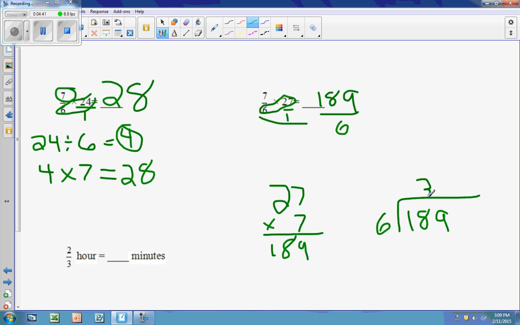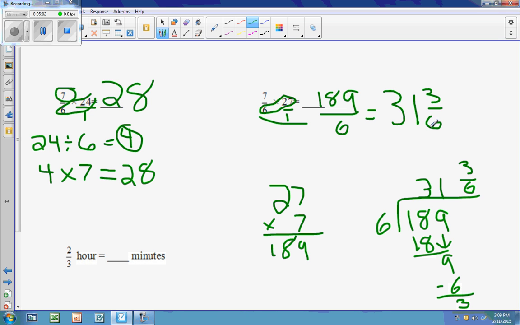And this goes in 3 times. And there's 3 out of 6 left. So my answer here would be 31 and 3/6. And that is how I have different methods to find fractions of a set.